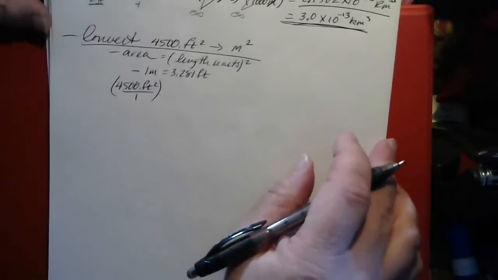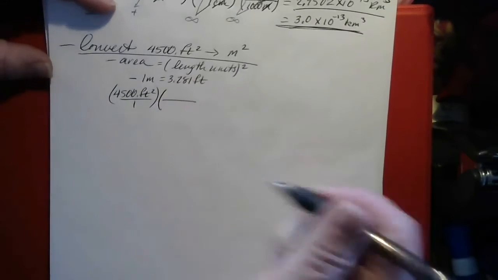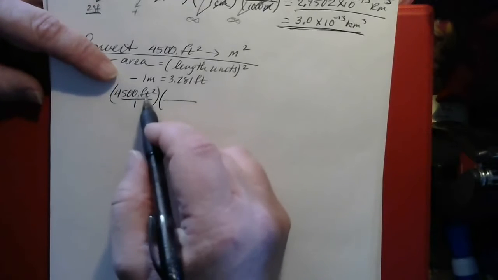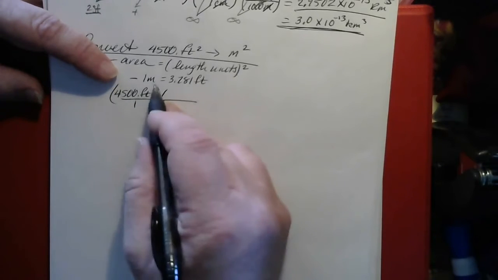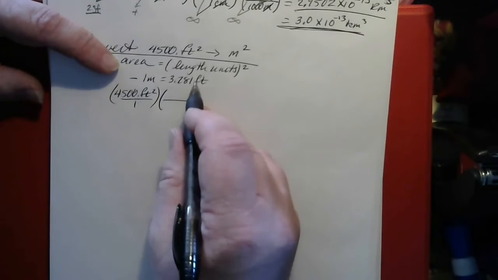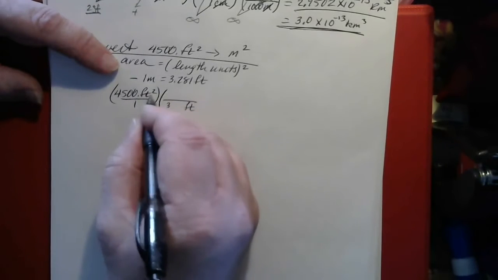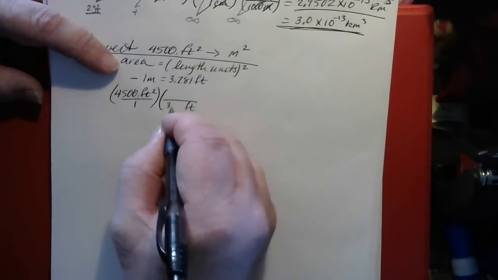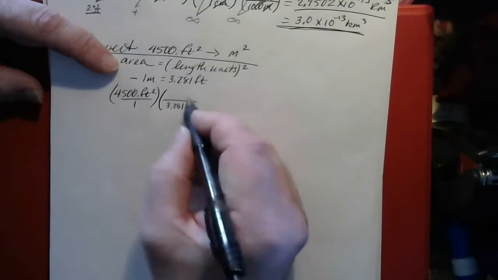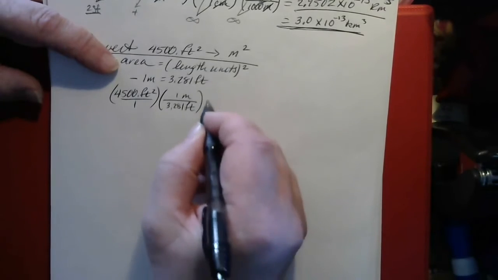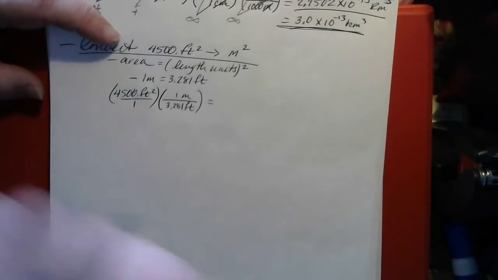Okay, 4,500 square feet. That's the numerator. For our conversion factor, we're going to use linear units, and that will be between feet and meters. We want feet on the bottom, so it'll cancel with these feet. And we want meters on top, so that's what we'll end up with.